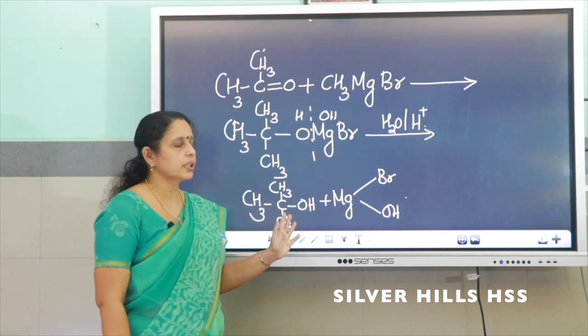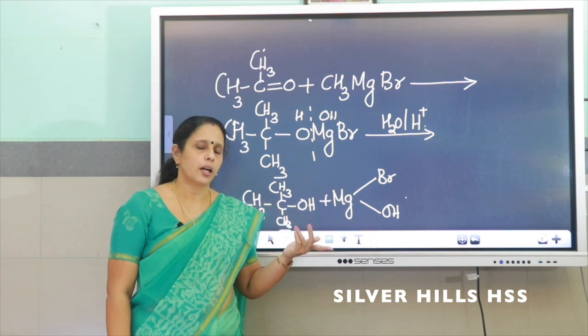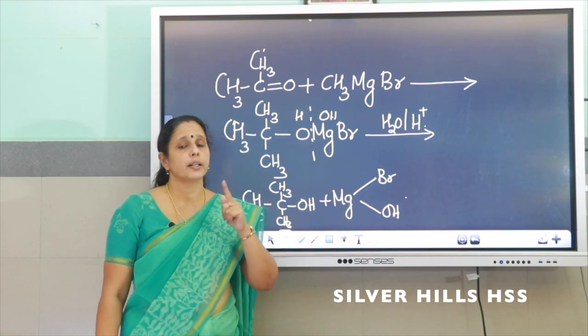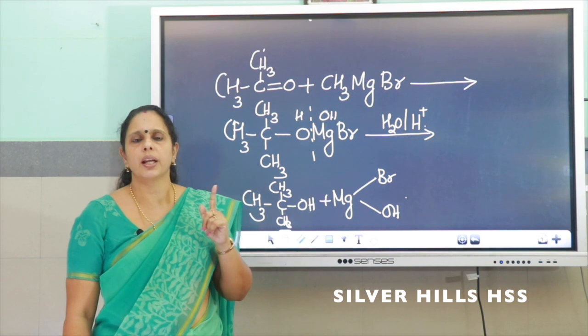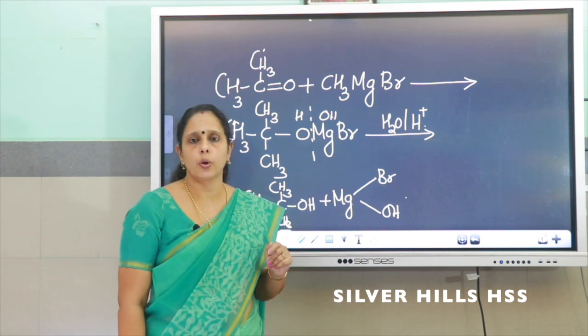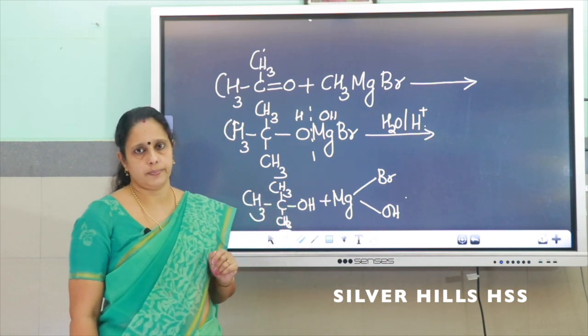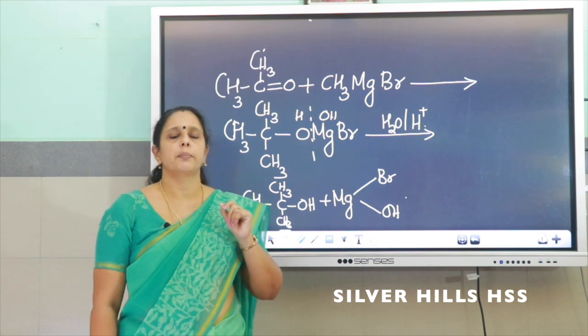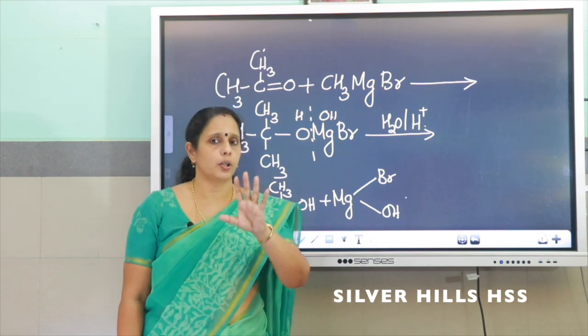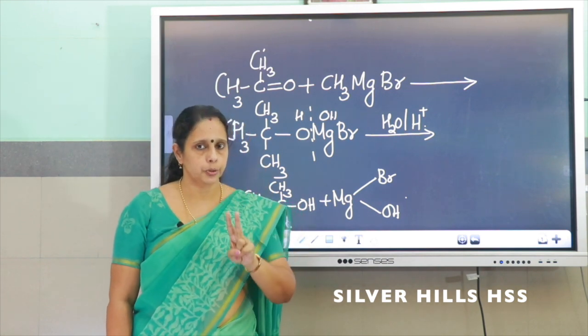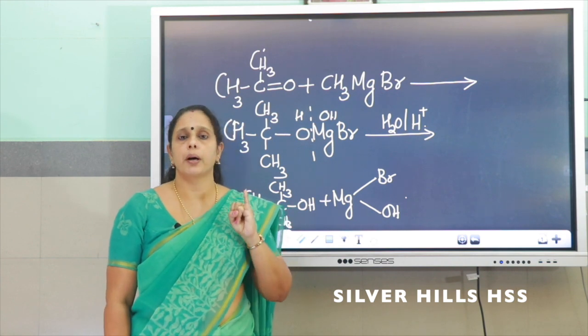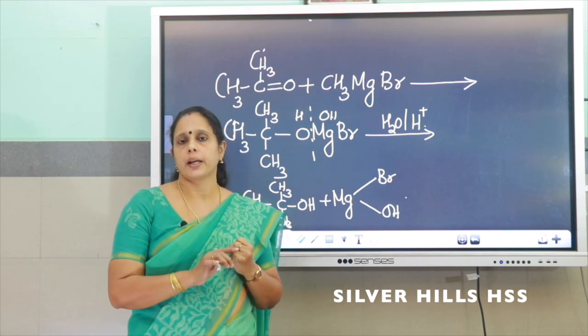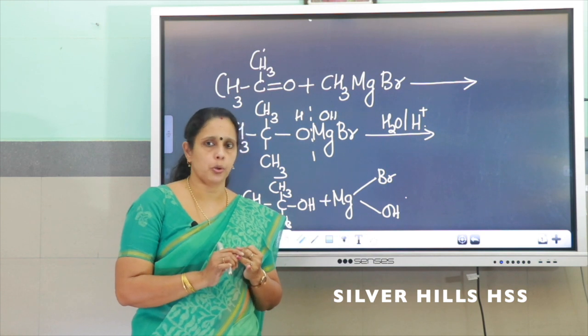So, by this method we can prepare tertiary alcohols also, but by reduction we can prepare only primary and secondary alcohol from carbonyl compounds. So, these are the methods of preparation of alcohol. Mainly there are two methods. First one from alkene, either by hydration or by hydroboration.